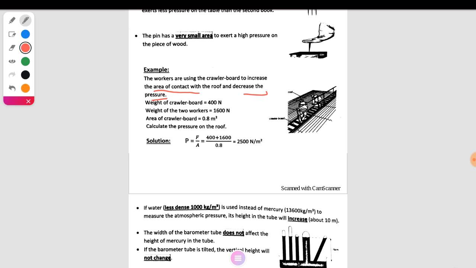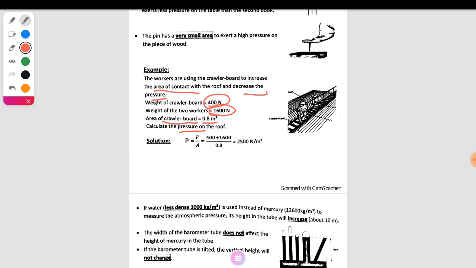The weight of a body, for example, equals 400 Newton. The weight of the two workers is 1,600 Newton. The area of the board is 0.1 meter squared. Calculate the pressure on the roof.